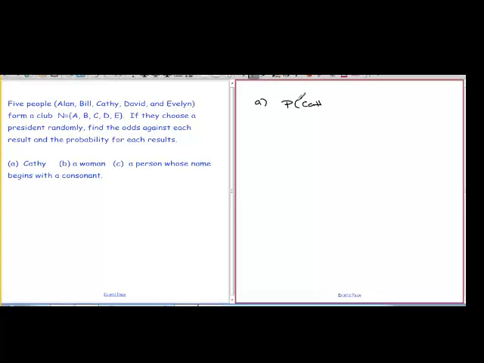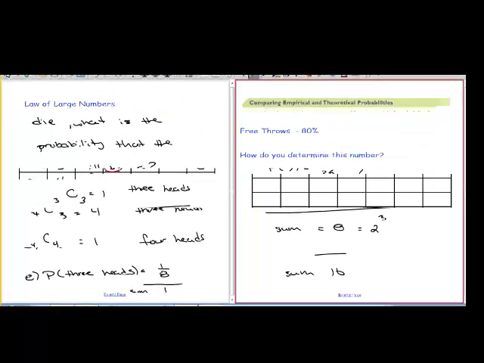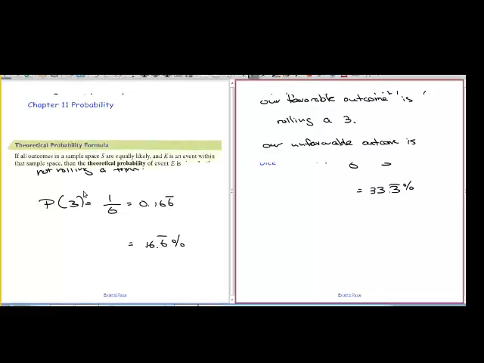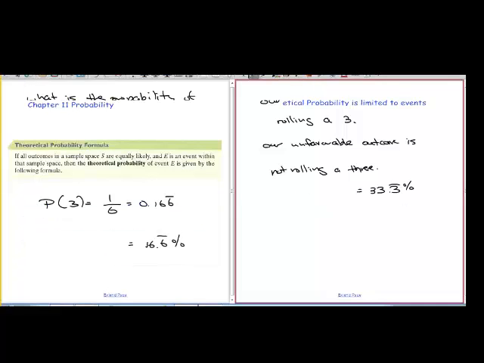So the probability of picking Kathy, that's what we're doing. The favorable event is picking Kathy. And you say, okay, how many possibilities do I have? If we go back to our definition of probability, it says the number of favorable outcomes, which is picking Kathy, divided by the total number of outcomes.